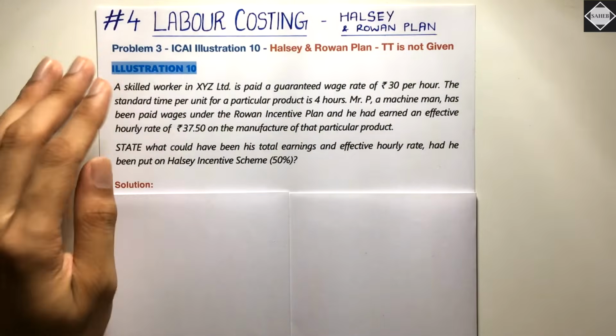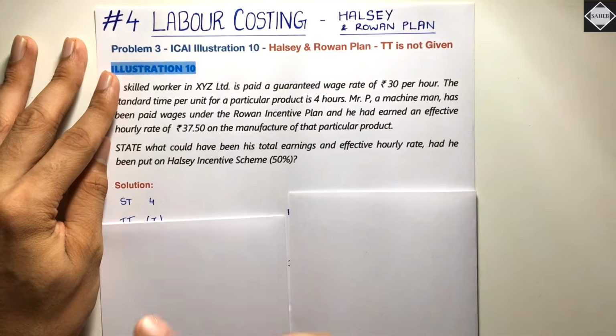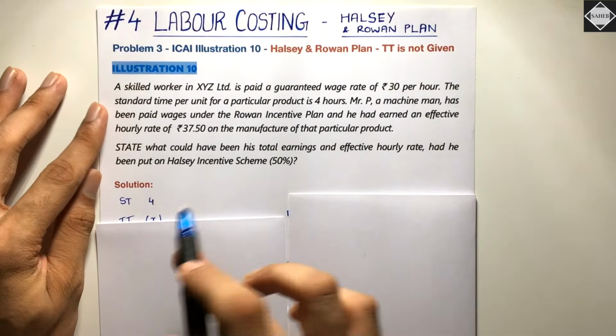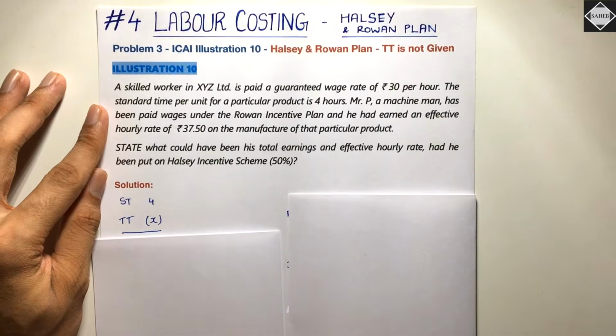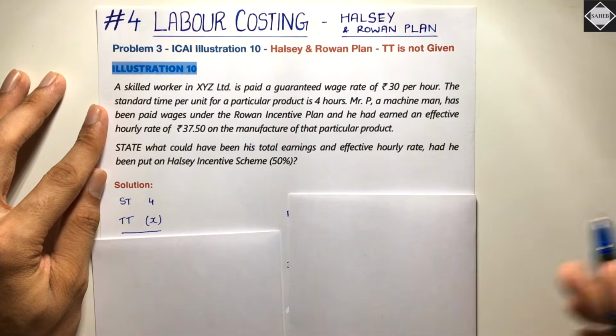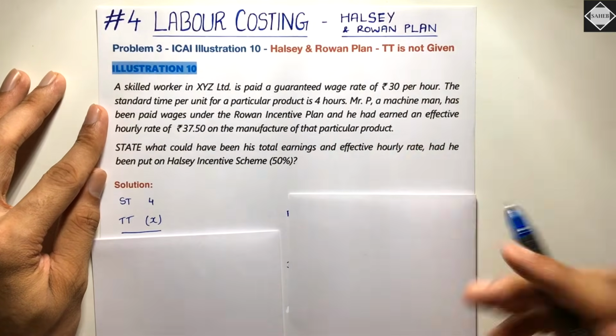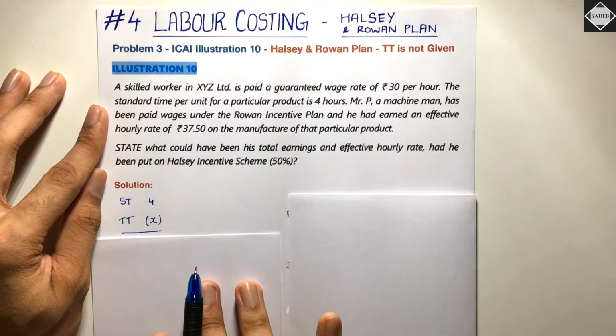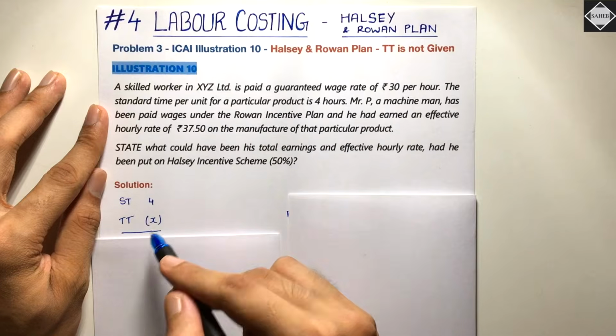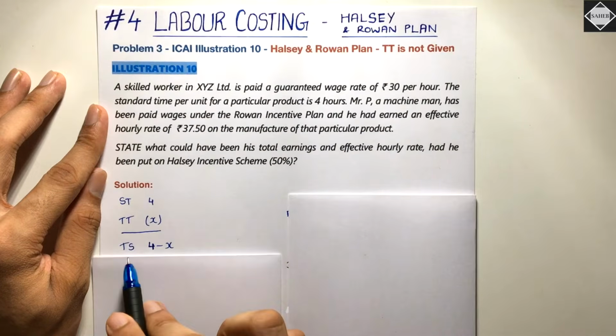Let's see. First, standard time was 4 hours. They told us 4 hours. Time taken we don't know, so we have to assume that as x. Time allowed or standard time is given as 4 hours, and then 4 minus x is equal to time saved.